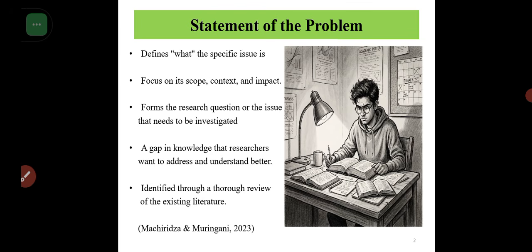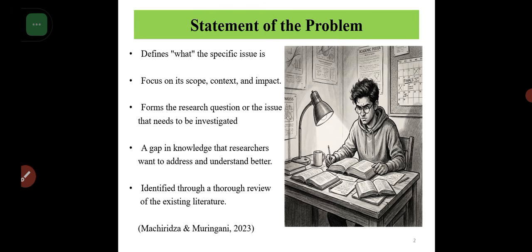A statement of the problem is a gap that has been identified. For you to really understand all of this properly, I would recommend you watch one of my previous videos on identifying research gaps. That will really help you to know how to identify problems.